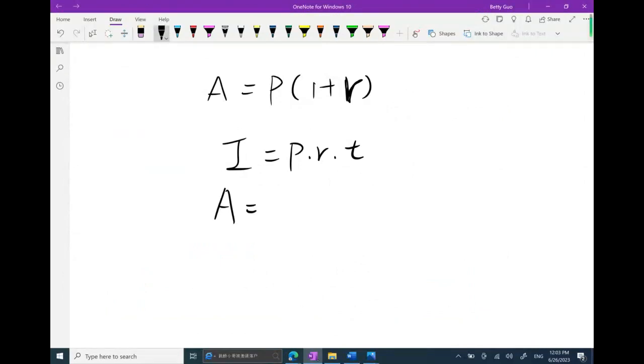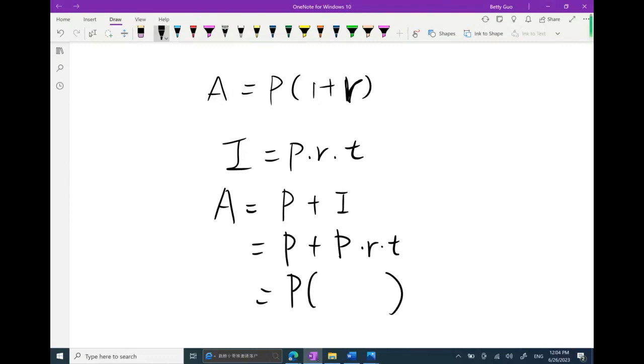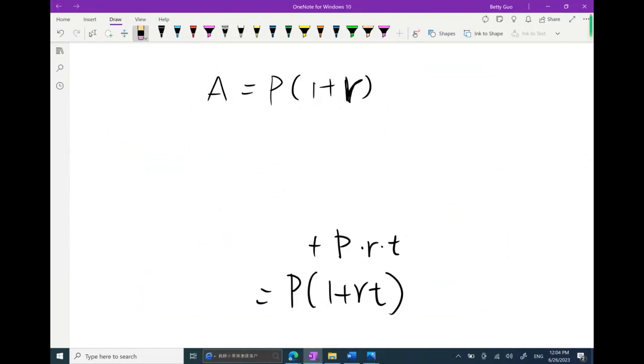Future value equals the original principal plus I, so it's P plus P times R times T. If we factor out P, then the parentheses will contain 1 plus RT. T is 1 because we only consider 1 year. So that's the simple interest formula for T equals 1, the first year.